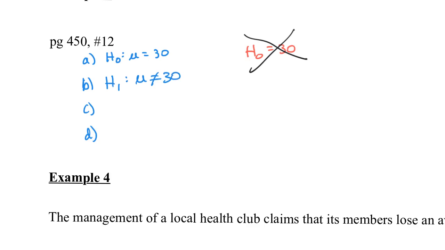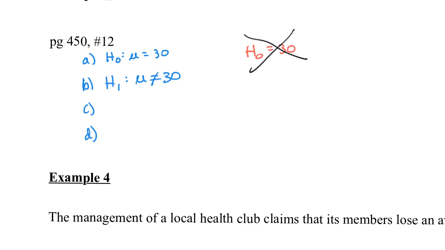It just says it might differ from 30. So when you see different from, differs from, anything like that, it's a not equals to. Again, this is the one that's not all that common. Greater than or less than are far more common, but that's how you do the differs from, or is not equal to.